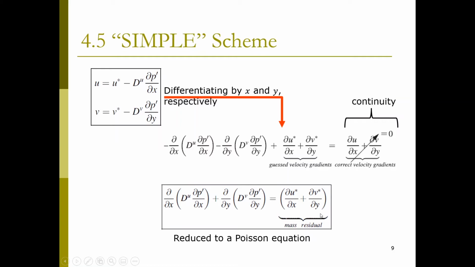We can use this as the convergence criteria, where it must be very close to zero before we can say that the iterations are enough. So from here we can obtain the p prime because all of the terms are already known. We have the guess velocity, and we know that this is equal to zero, and we have the values for du and dv. So we can find the correction p.